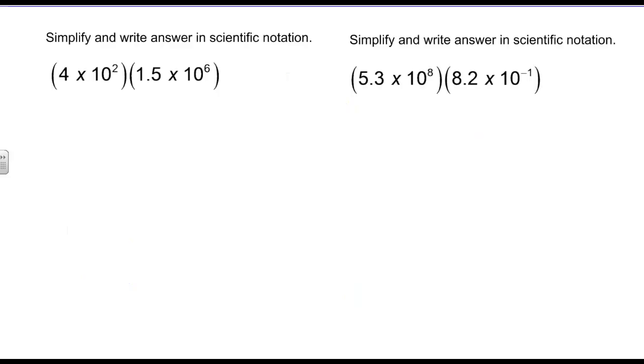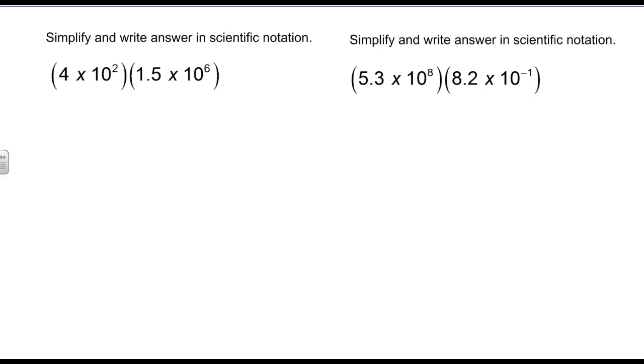Now, the next thing we're going to do is simplify multiplications using scientific notation and write our answer. Now, I don't recommend putting these numbers in standard form, multiplying and then putting them back in scientific notation.